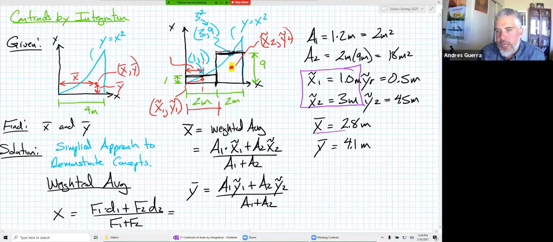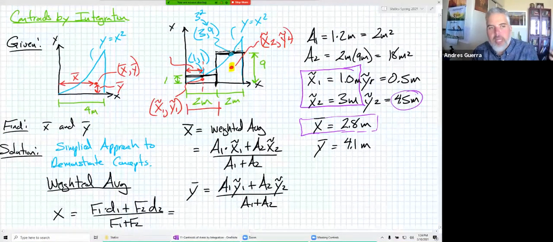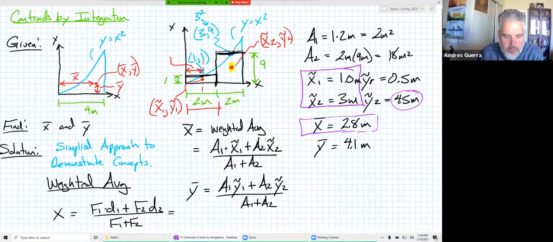And what do we see? The weighted average, the x of 2.8, is definitely closer to 3. So that makes sense, doesn't it? And how about 4.1? Well, 4.1 is definitely closer to 4.5, the bigger area. So again, it makes sense with what we talked about in today's quiz on equivalent systems and also from last time.